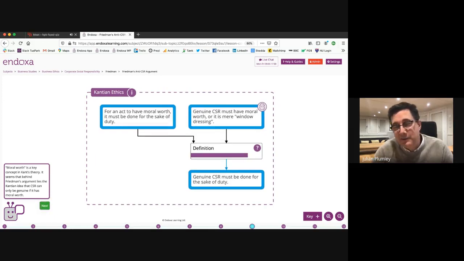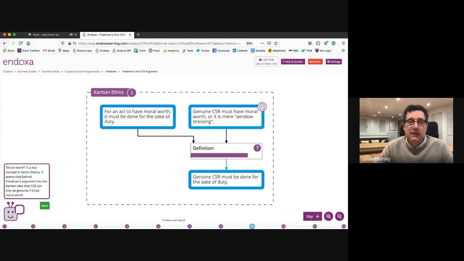So you could tell us a lot about Kantian ethics, couldn't you? I could indeed, yes. But what we've done here is there's a little introduction: this assumption that Friedman has made seems to be a Kantian idea.